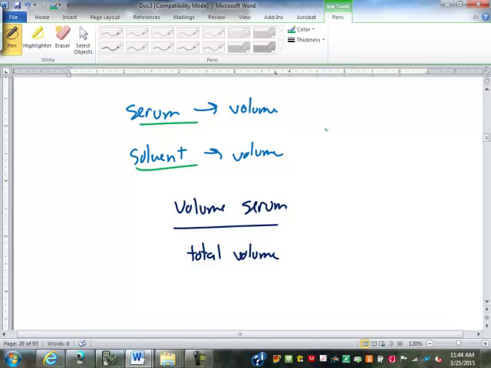Since most medications are technically a solution where the one substance, the serum, is dissolved into that solvent, the volume does not necessarily increase additively. If I have 40 milliliters of serum and I add it to 80 milliliters of sterile water, I do not necessarily get 120 milliliters.